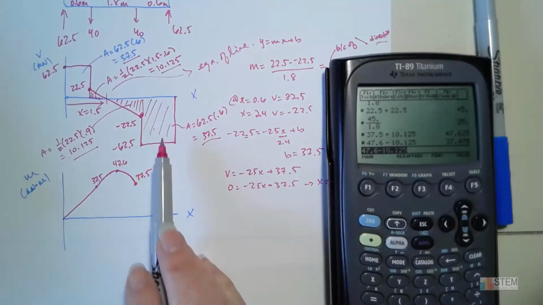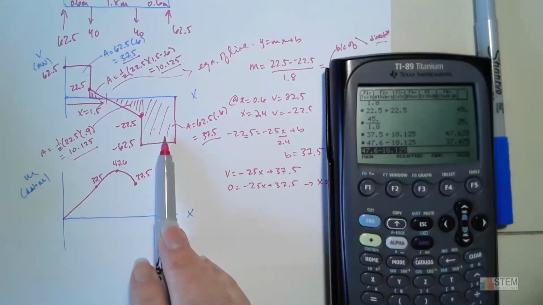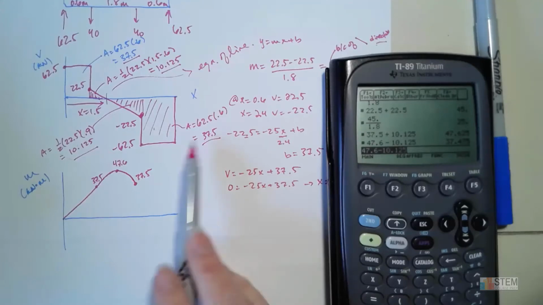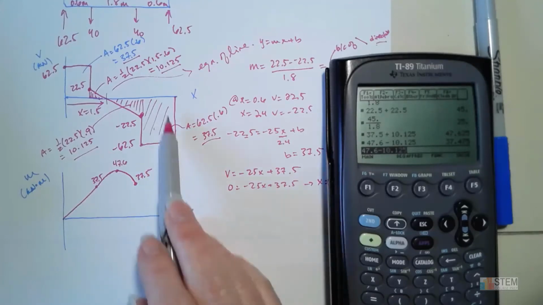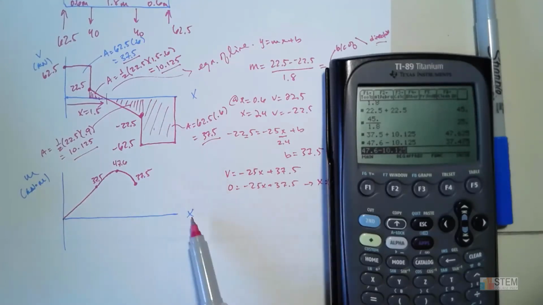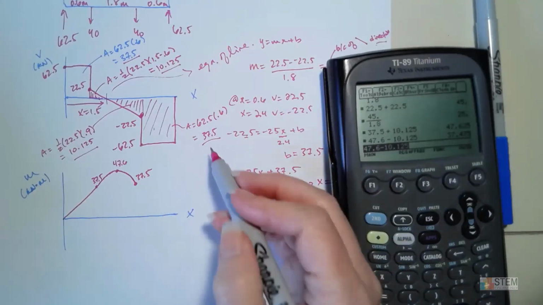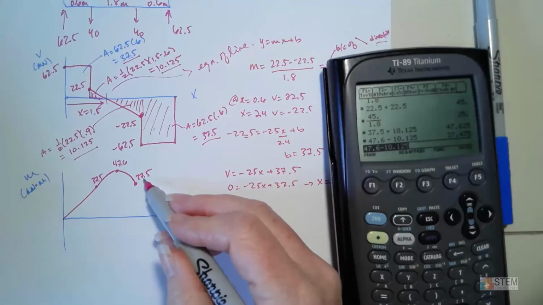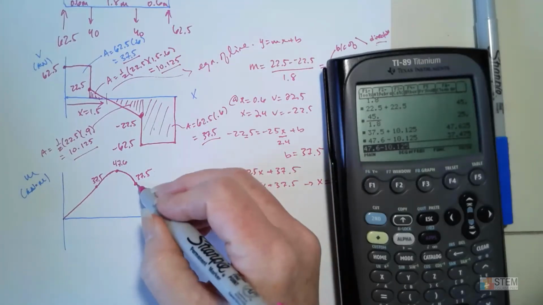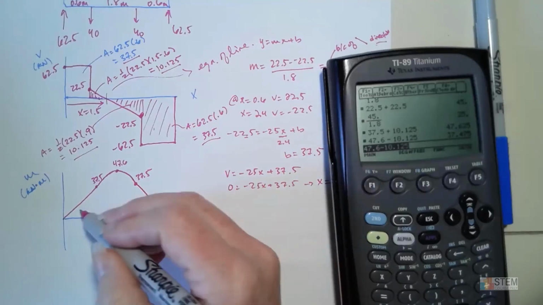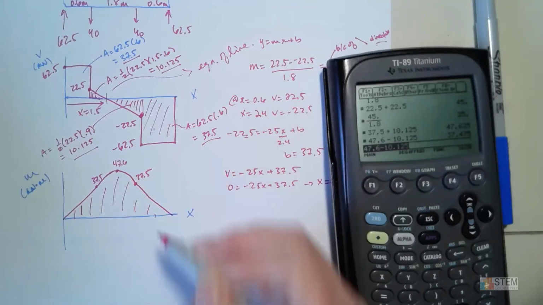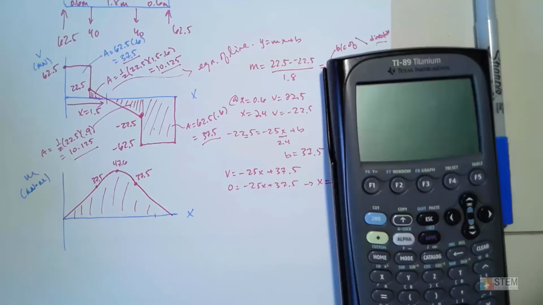All right, and then last thing, 37.5. All right, that's the area. So this is uniform. We're negative V, so that means we're going to have a negative slope for M. And the delta M is 37.5. So if we're starting at 37.5, we subtract 37.5, I'm going to end up at 0. Okay, and then there is your diagram.